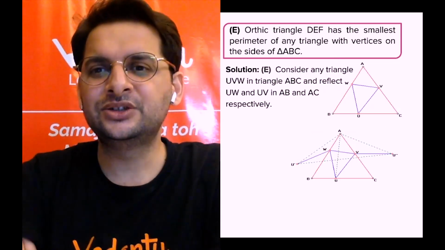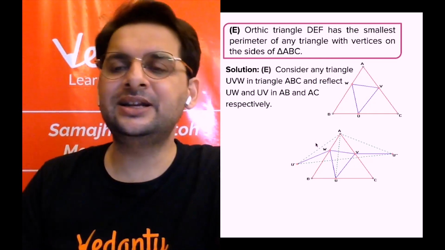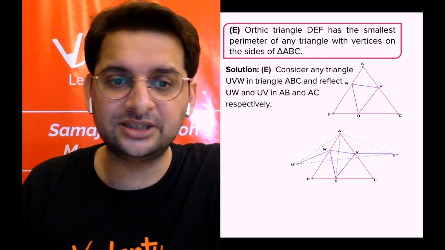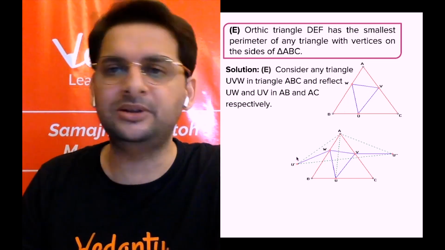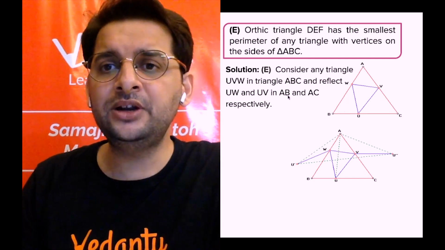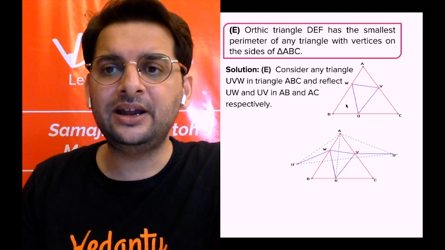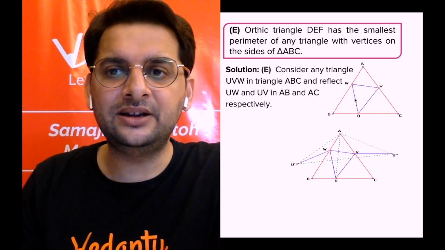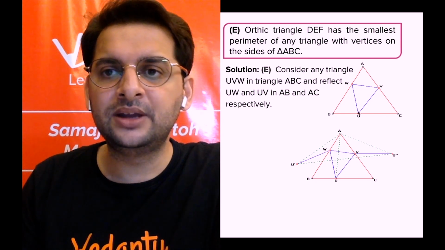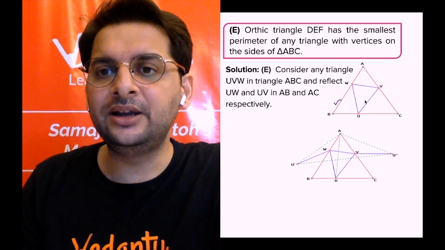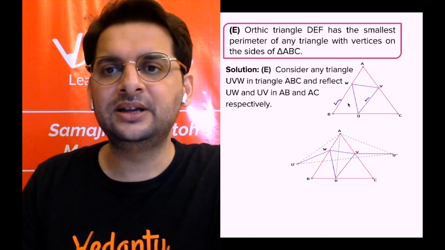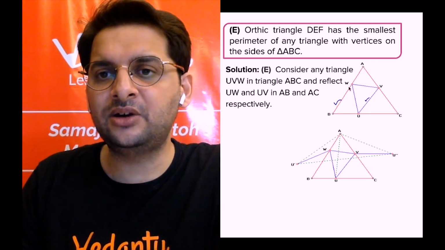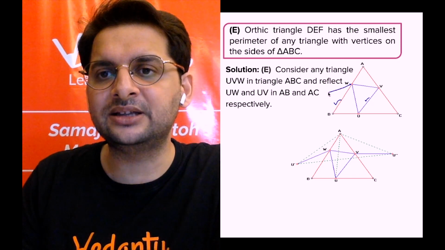Very interesting. So what we do is consider any triangle UVW. And mind you, this is not just orthic triangle, this is any triangle UVW. So what we do is we try and reflect UW about AB and UV about AC. इनकी रिफ्लेक्शन लेते हैं. तो UW का अगर मैं रिफ्लेक्शन लेता हूं about AB, so this would be something like this.